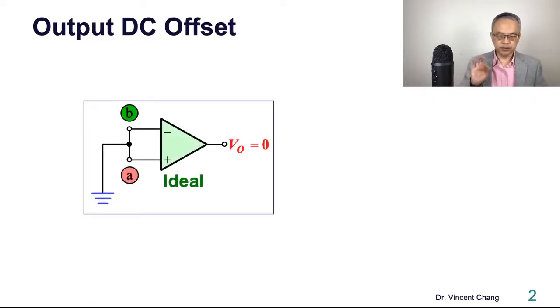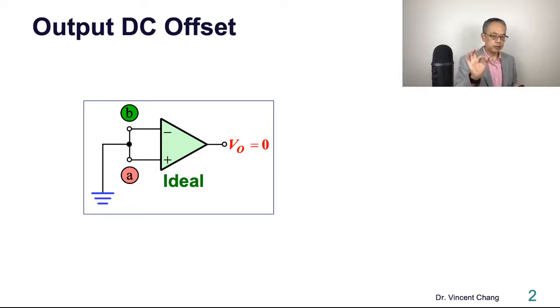So let me ask you, if now you see an ideal operational amplifier. If the op-amp is ideal and we connect the two input terminals to the ground, then what kind of output will this circuit generate? Zero output, right? So that's the concept from the common mode rejection.